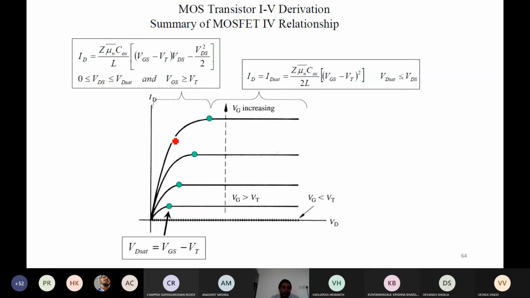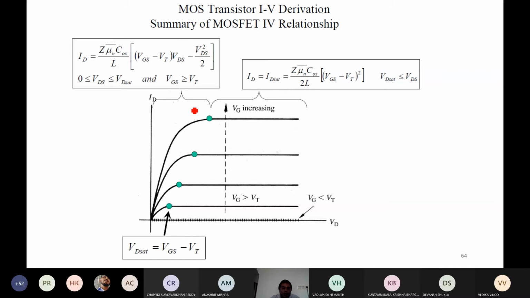And in the linear region, from here to here, before pinch off happens, we consider the whole region as linear region. Actually the real linear region is here, but here some bending is happening. Still it is called linear region. There are distinctions like triode region or strong triode region, but this whole region is called linear region.